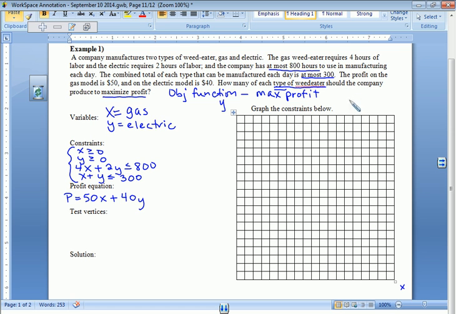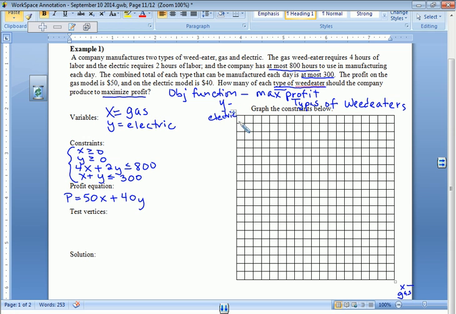All right, so I'm going to go ahead and label this. What is this graph going to represent? The types of weed eaters produced. I'm going to label my graph, types of weed eaters. And then I let the x-axis represent the gas model, and I let the y-axis represent the electric model.